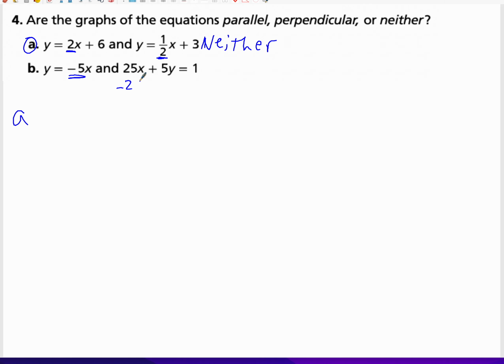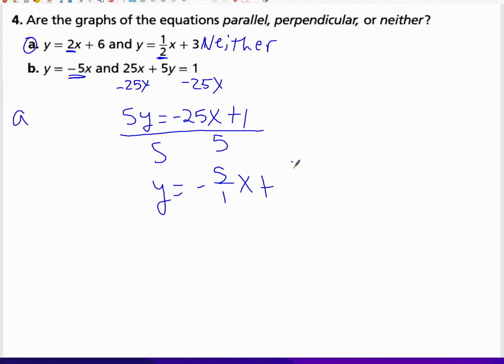So subtract 25x. So that would be 5y equals negative 25x plus 1. Divide by 5. So that would be y equals negative 5 over 1 x plus 1/5.